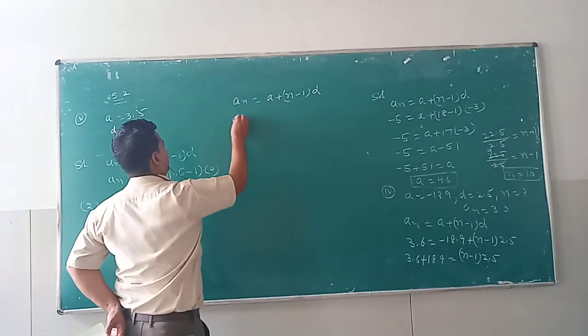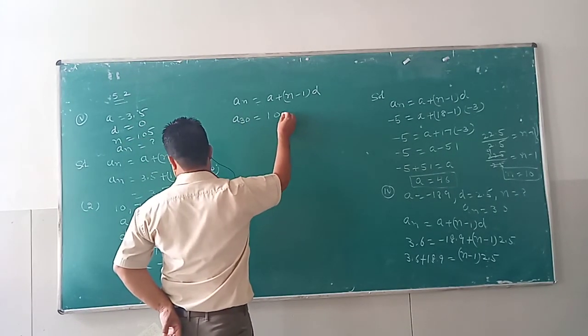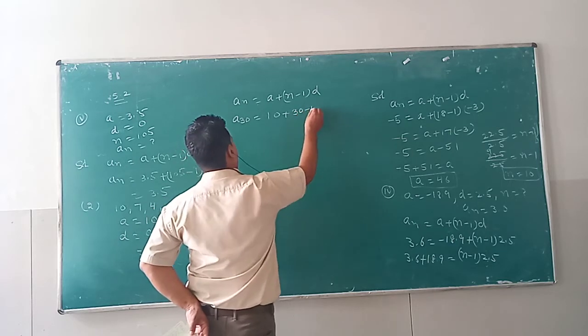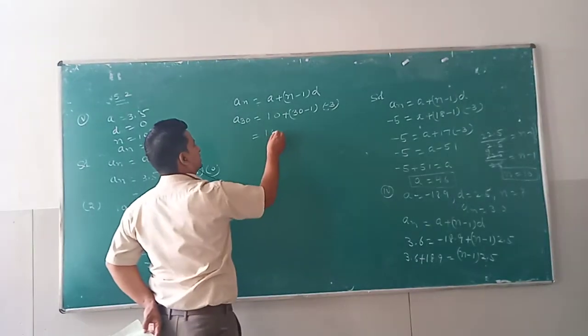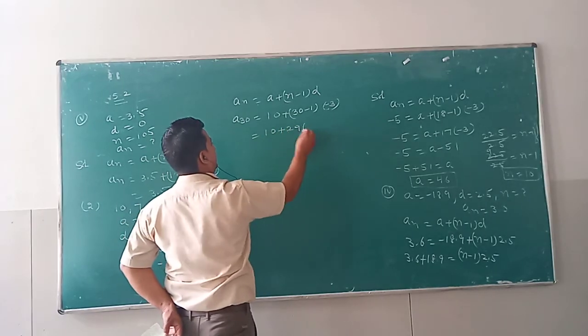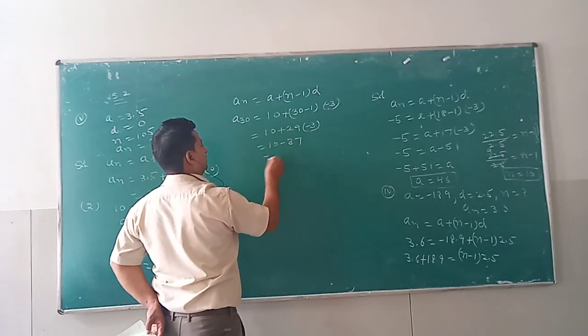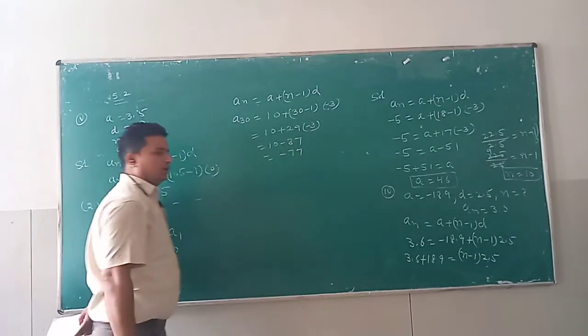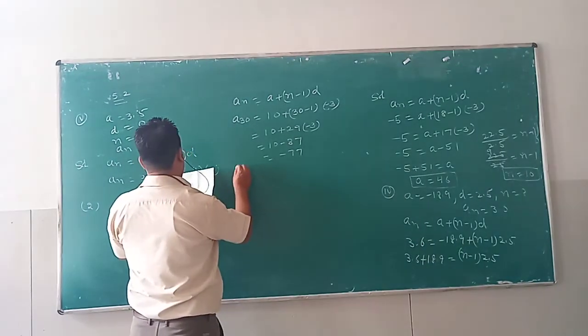We are required to find the 30th term. So a is 10, n is 30 and d is minus 3. So this is 10 plus 29 into minus 3. 10 minus 87 is minus 77. So minus 77 is the 30th term of the AP.